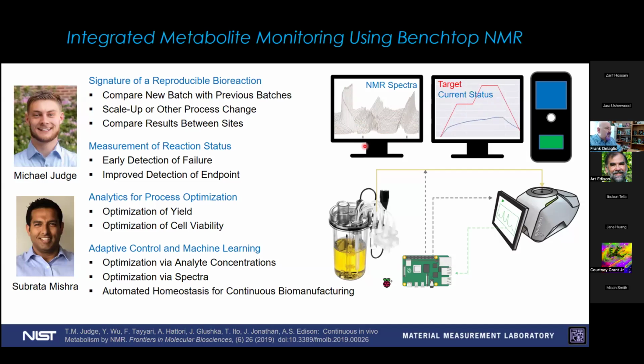And if we do more detailed analysis, we can do things like provide an early detection of failure or provide information that can be used to optimize the bioreaction with the ultimate goal of adaptive control. That is to be able to adjust the parameters of bioreaction in real time in response to an NMR measurement.